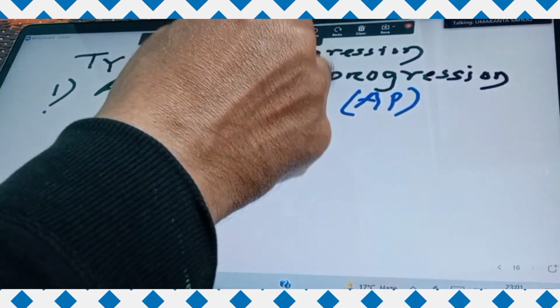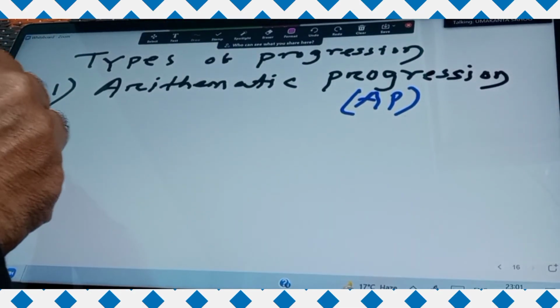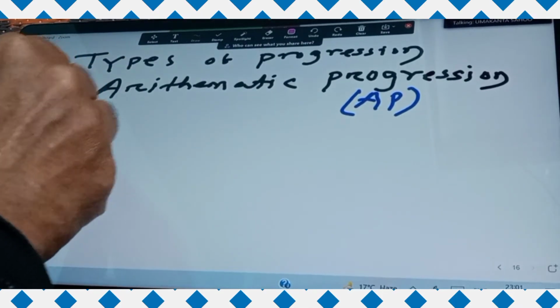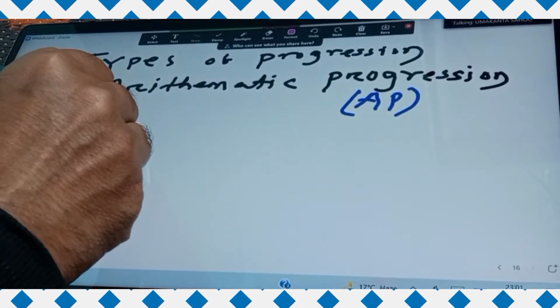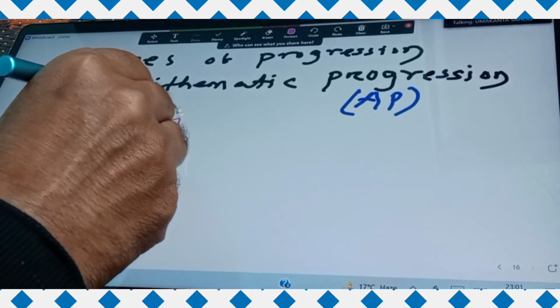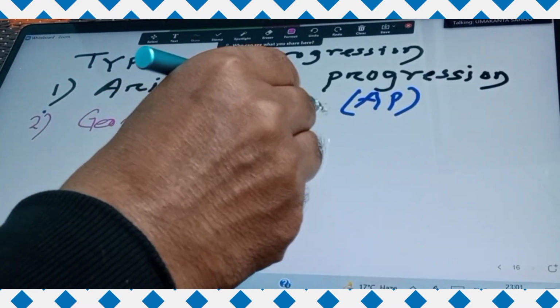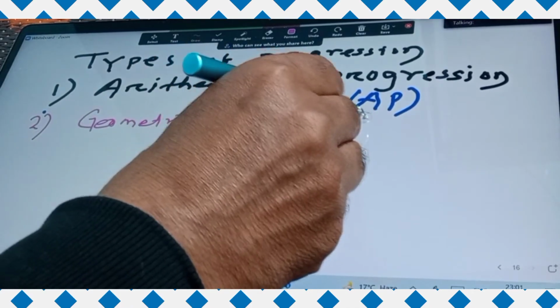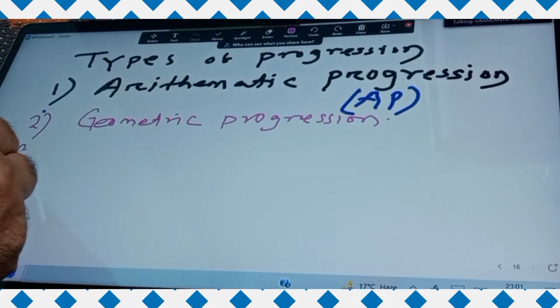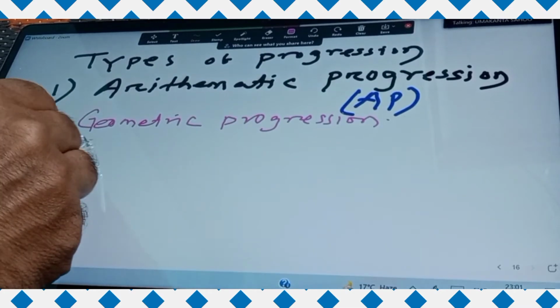Another, the second type, is known as geometric progression. Understand? The third is known as harmonic progression.